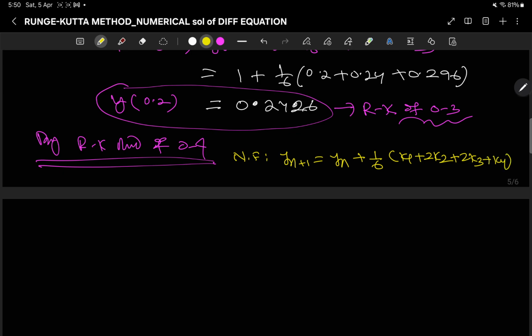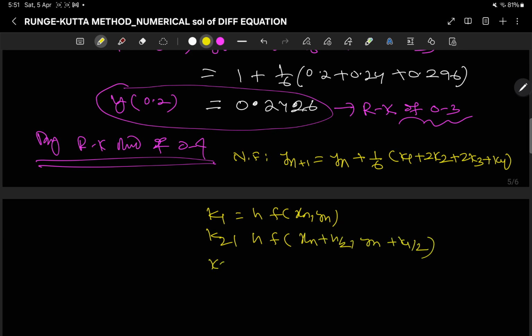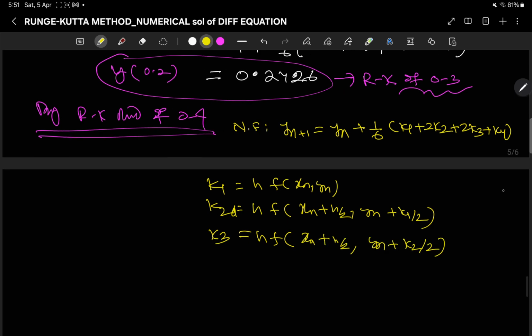Okay, here k1 is h f(xn, yn), k2 is h f(xn plus h by 2, yn plus k1 by 2) and k3 is h f(xn plus h by 2, yn plus k2 by 2) and here k4 is h f(xn plus h, yn plus k3) only.